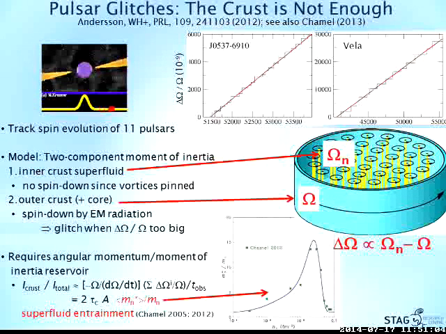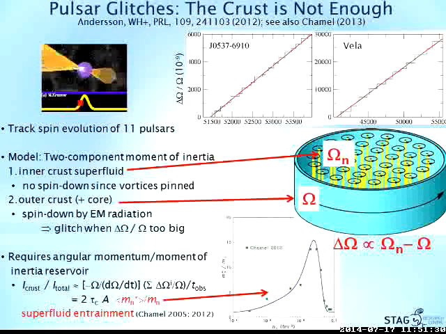The horizontal line is where the spin frequency is not changing, or relatively speaking, it's spinning down, and then it undergoes a glitch and spins up, and undergoes many glitches, for example for Vela, the best studied one.